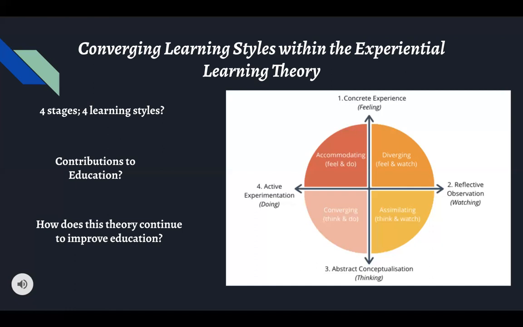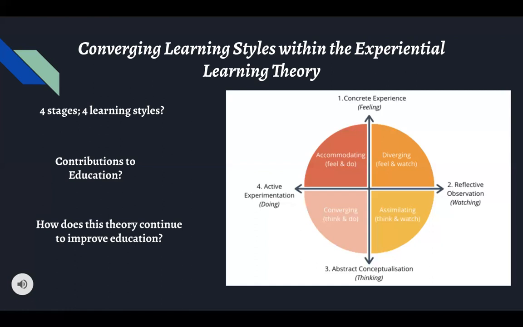No matter which stage you start at, or what type of learner a person is, whether assimilating or converging, you must go through each of these steps to meet this experiential learning theory and to make a deeper connection and meaning with the material you're learning.